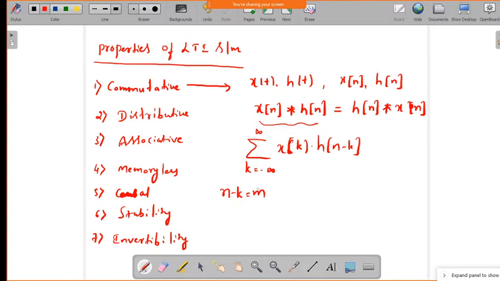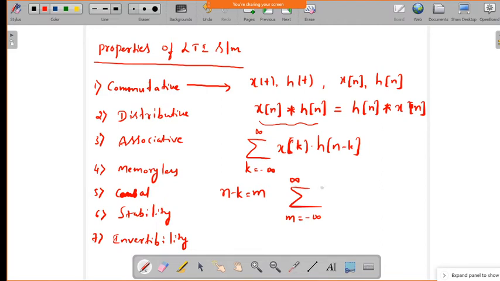Changing the variable, when k is minus infinity, m will also become minus infinity, and when k is plus infinity, m is also plus infinity.